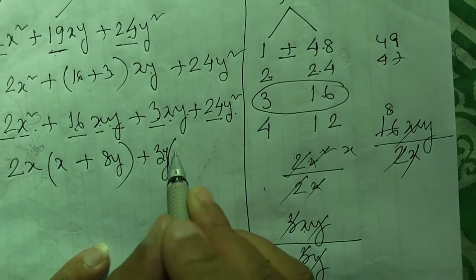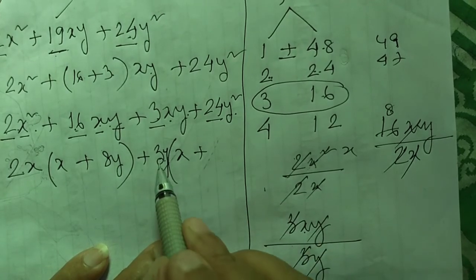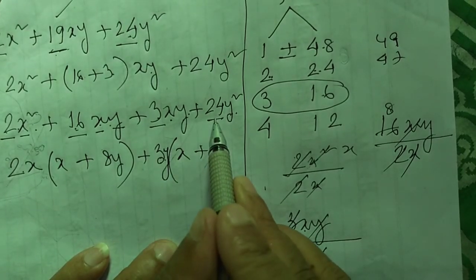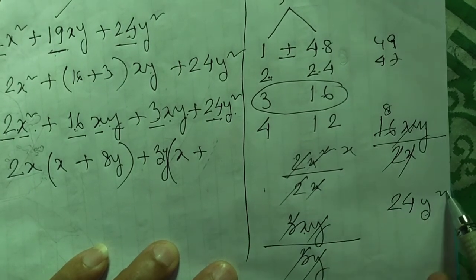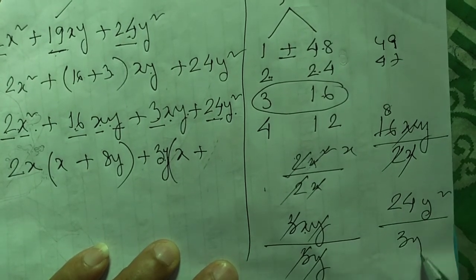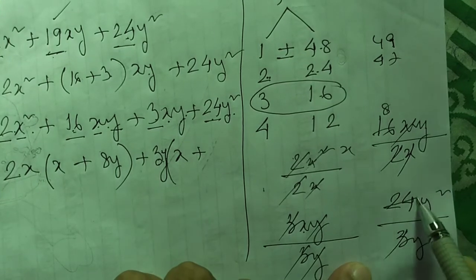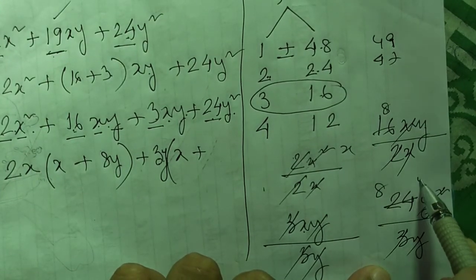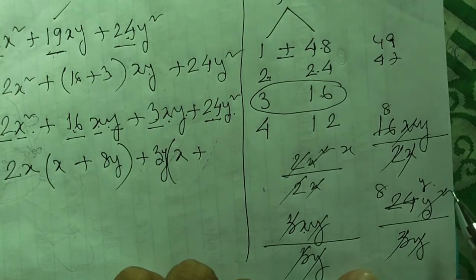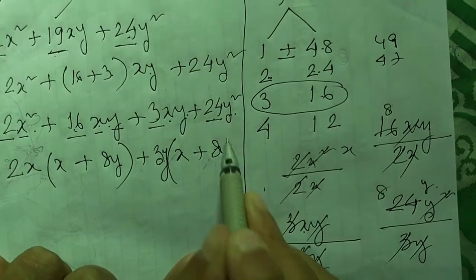X is left. X. Plus by 3y you divide 24y square. 24y square divided by 3y. 3 8 ja. By y, if you divide y square, you will get y. So 8y is left. 8y.